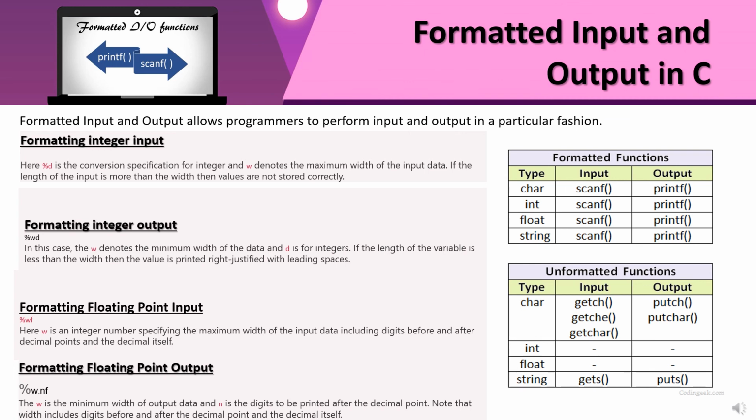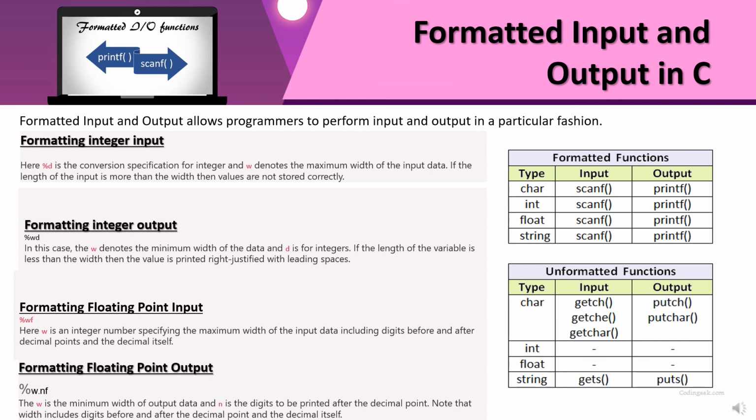Here, %wd is the conversion specification for integer and w denotes the maximum width of the input data. If the length of the input is more than the width, then values are not stored correctly in the formatting integer input.